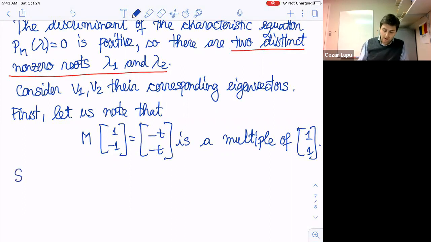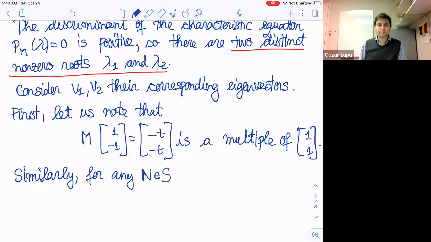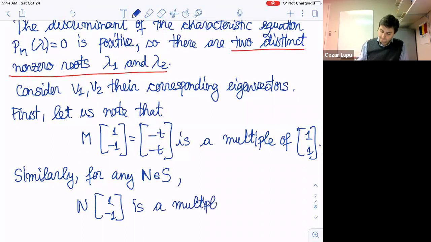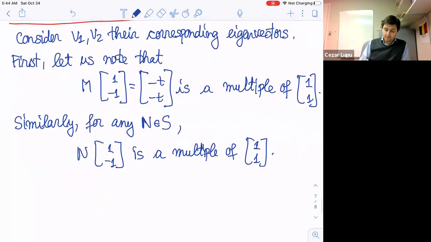Similarly, we can say that for any matrix N in S, N times this vector 1, -1 is a multiple of this column vector 1, 1.